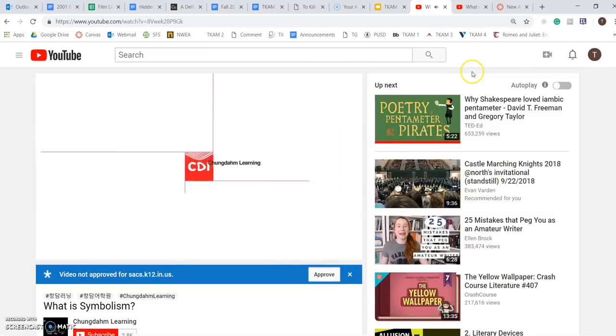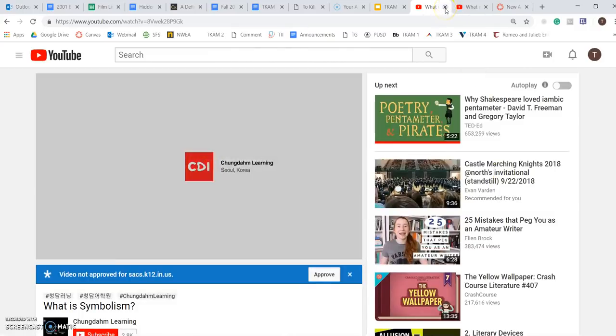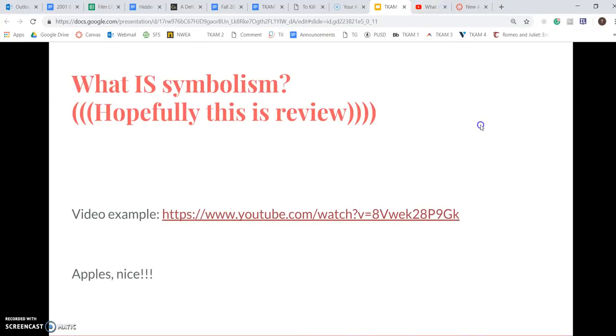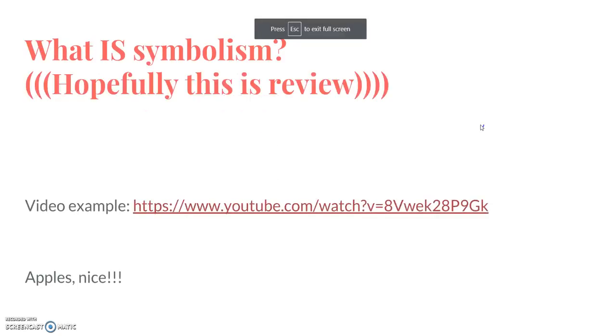So, as the video explains, symbolism is when there's a physical, literal object, such as the apple, and depending on the story and how it's described and what its function is, it's going to symbolize different ideas.